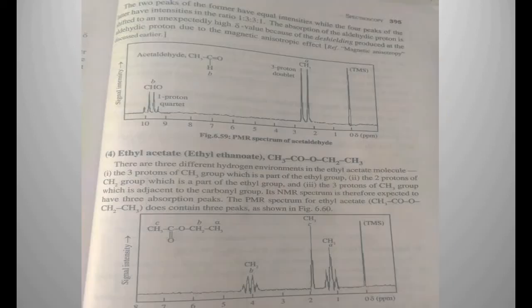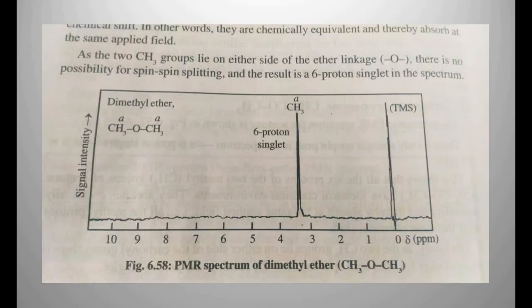The next is to explain the PMR spectrum of diethyl ether, CH3OCH3, as the two CH3 groups lie on either side of the linkage O. There is no possibility for spin coupling, and the result is a 6 proton singlet in the spectrum. There are 6 protons which are in an identical chemical environment.